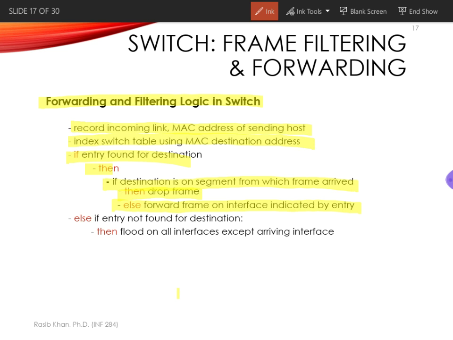On the other hand, if the destination MAC address is not found in the MAC address table, the switch floods all the interfaces with the same frame, except for the interface on which it actually received the frame.